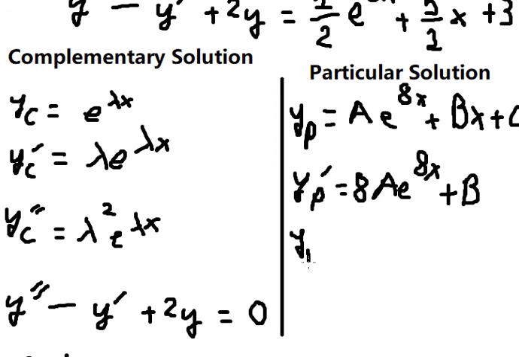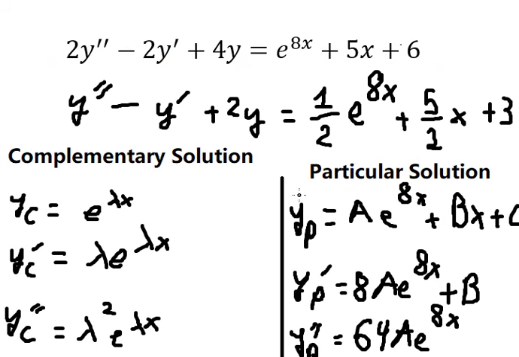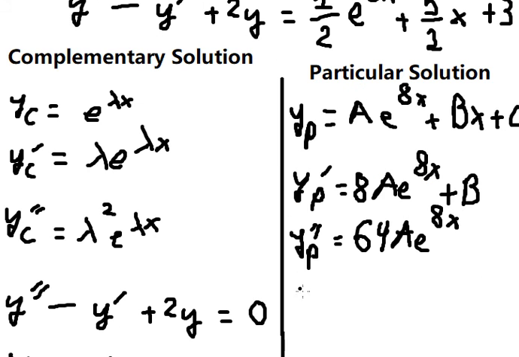And now we do the second derivative. We have A a squared e to the power of ax. This one is the constant, so you get 0 in here. Next, I will put this one here, this one here, and this one here.